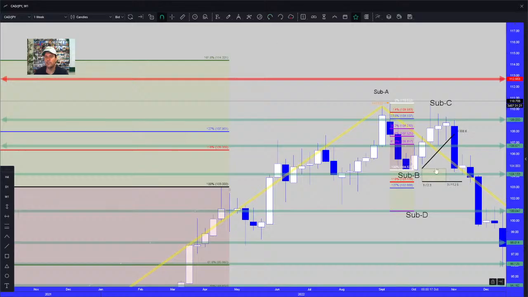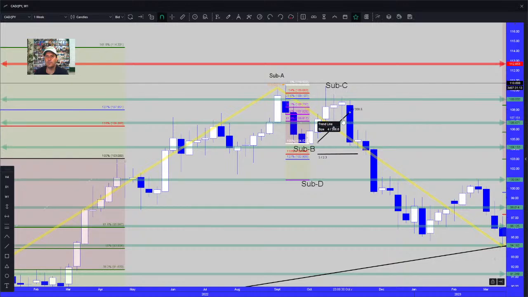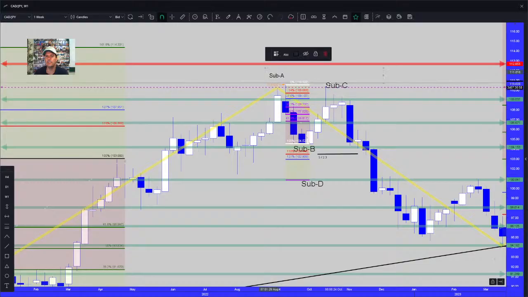And delete this one, delete this one. Again, I'm deleting the sub B, okay. So you have the first Fibonacci, everybody, the sub A, sub B, sub C, sub D, okay? And as always, if you want, you can work with vertical lines.